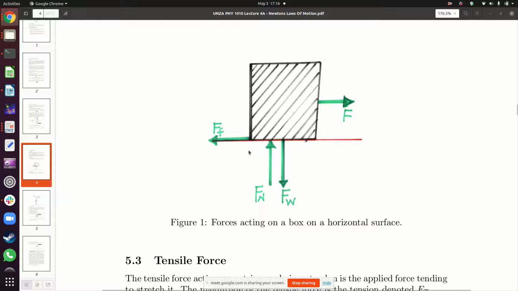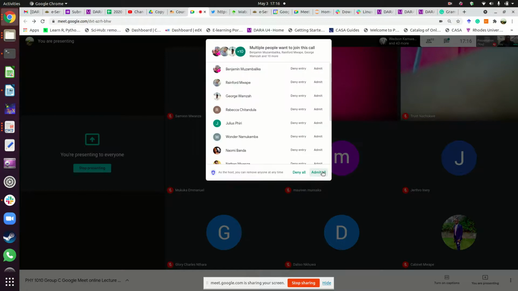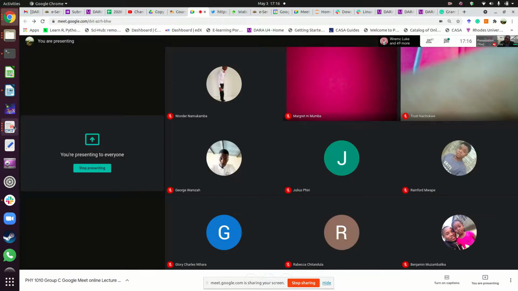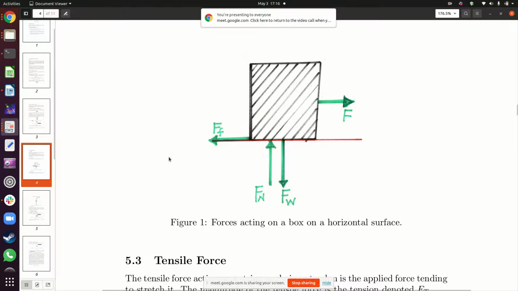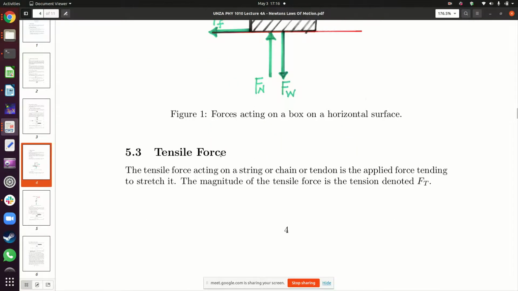So the one thing you can do with these forces acting on the object is you can use them to work out a resultant force. Once you have a resultant force, you can use that resultant force to find the acceleration of the object.